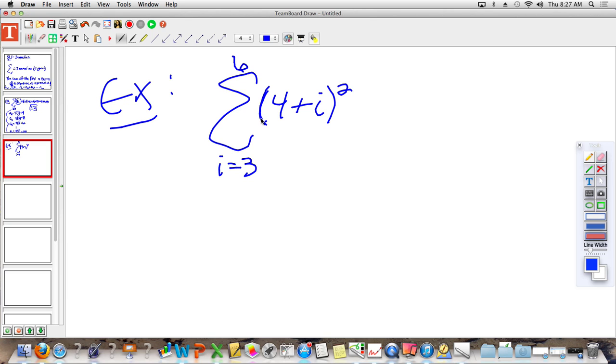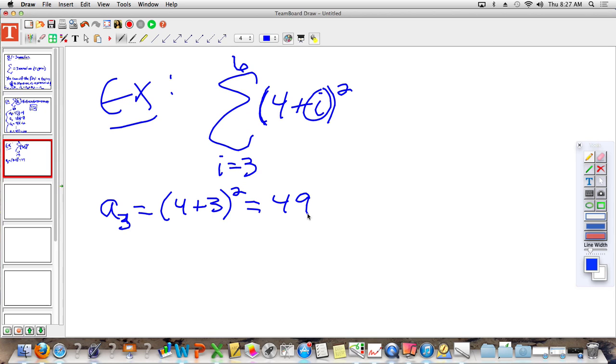So the very first term, a sub what? 3. A sub 3 is going to be equal to 4 plus i, this i right here, which is 3, squared. 4 plus 3 is 7. Squared is 49. So 49 is our very first term.